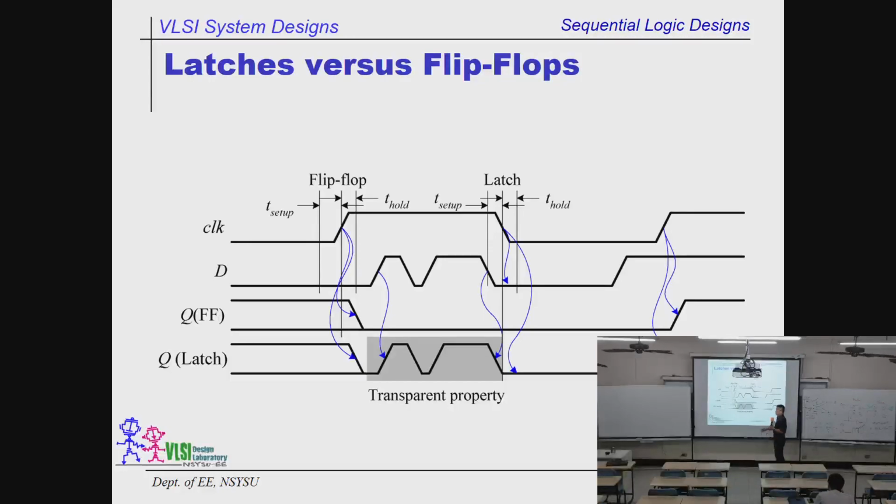On the other hand, if you are using a latch device, what we look at is not the rising edge. What you should pay attention to is the falling edge, because the latch allows the data to change while the clock is high. So it can bounce up and down, whatever you like.